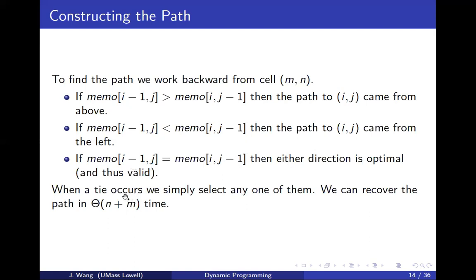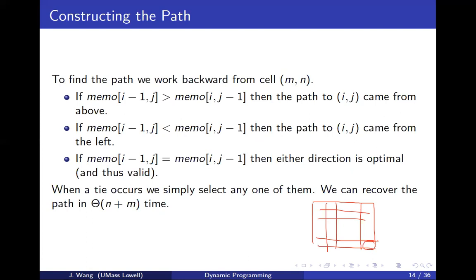So then we can recover the path by using another 2-dimensional array in n plus m time, because you start from the lower right corner. Drawings always help. Okay, so you need to learn how to start from here.